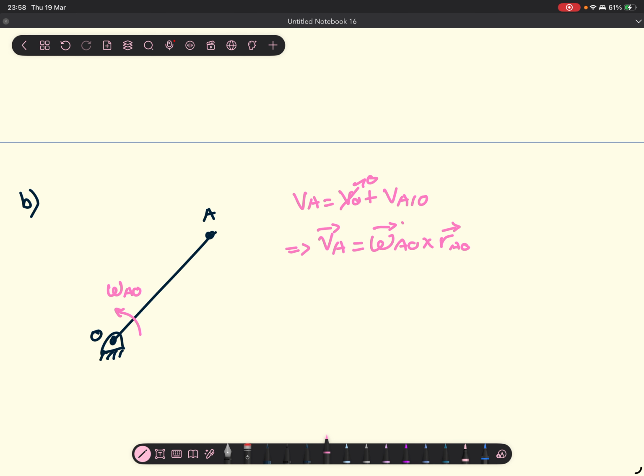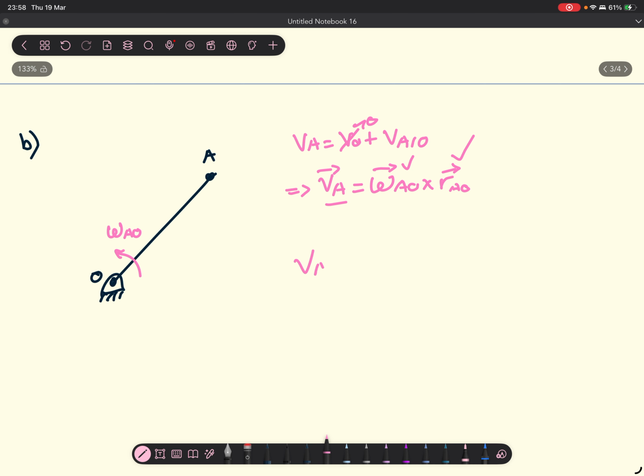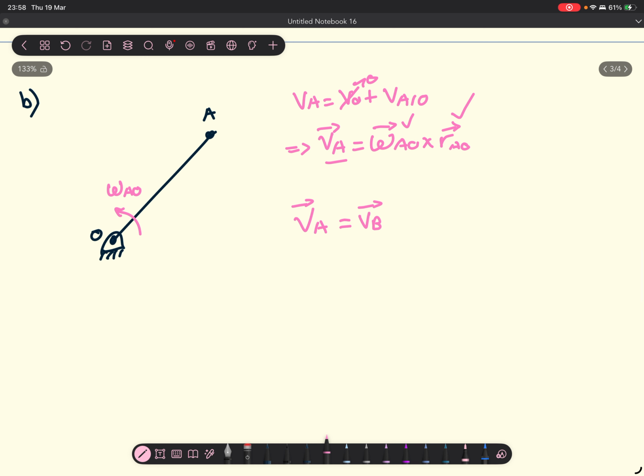Cool. We know that, so we can solve for VA. We've seen that VA is equal to VB. So VB is also equal to omega AO crossed with R AO.